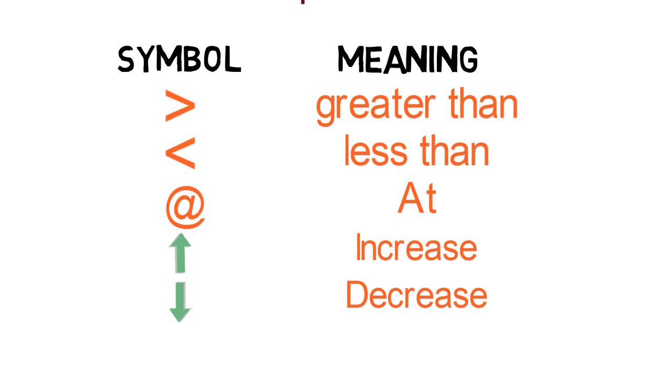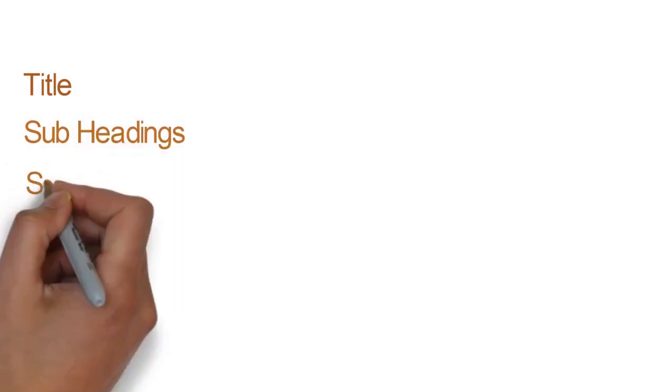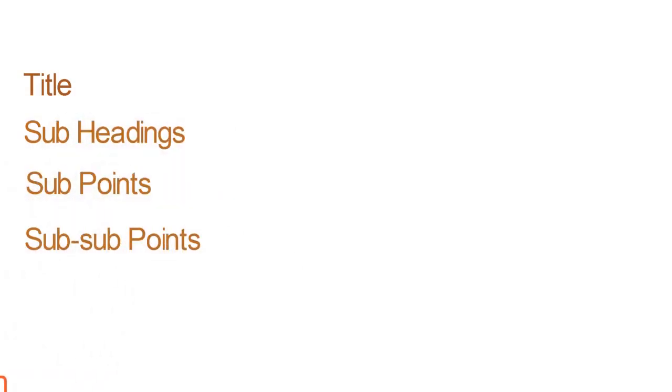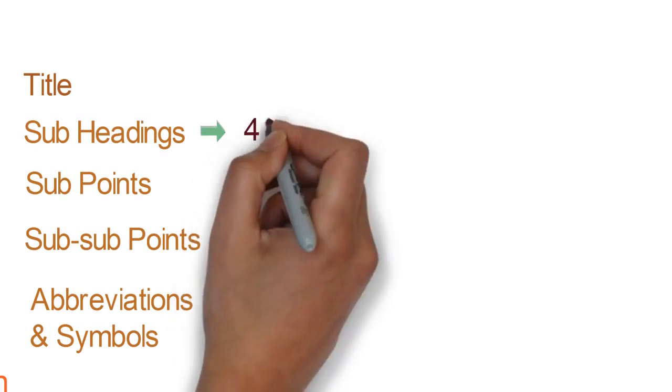Now you understood how to write a note. You must have title, subheadings, subpoints, sub-subpoints, and abbreviation and symbols at the end. The next question is, how many should be the count of each of them in exams? Main points, or we can call them as subheadings, should be 4 or 5.